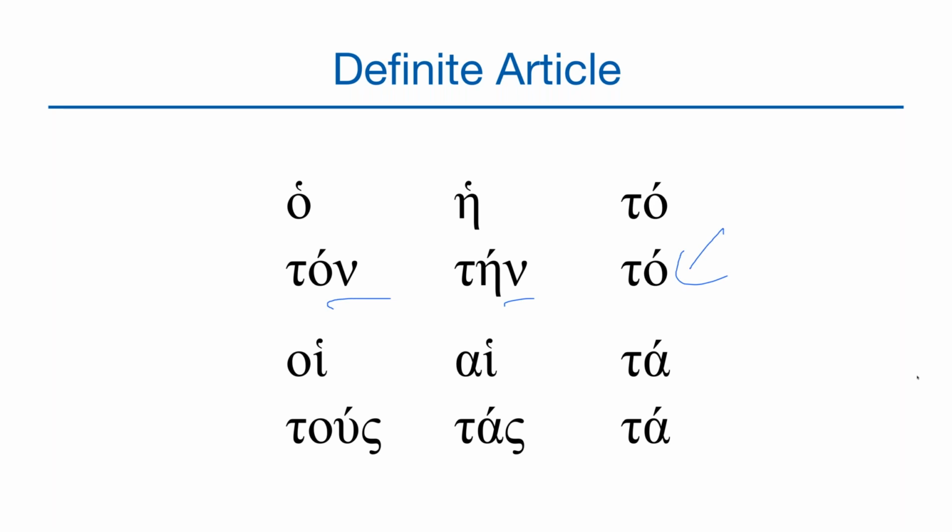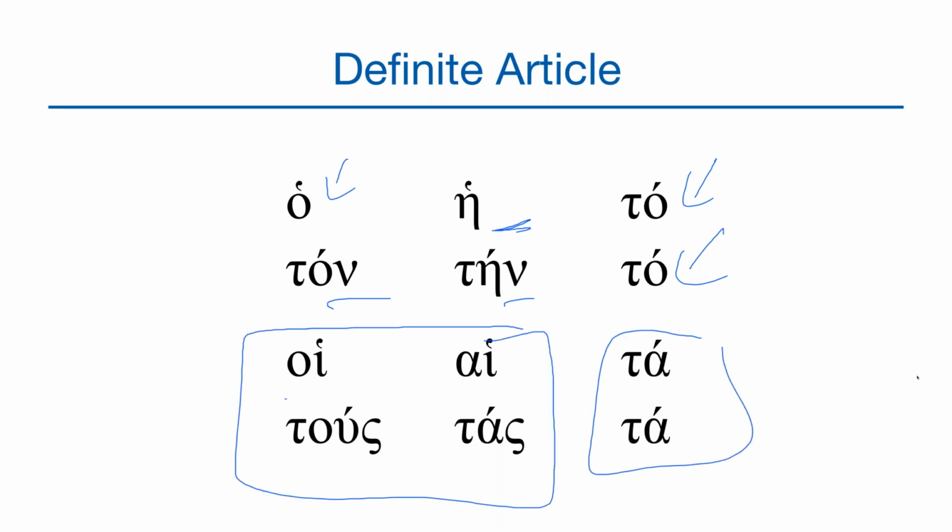There's no nu here either. The alpha still doesn't have an ending, and we lost our sigma here. Oi, ai, ta, and tus, tas, ta, similar, a little bit different. Okay.